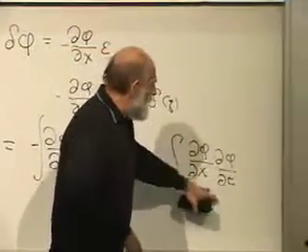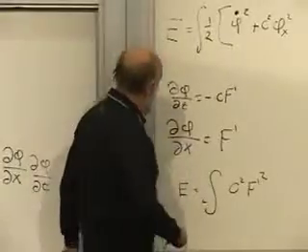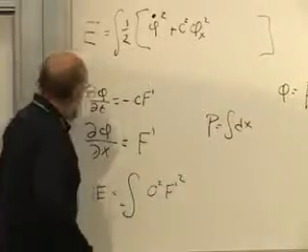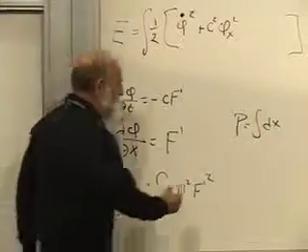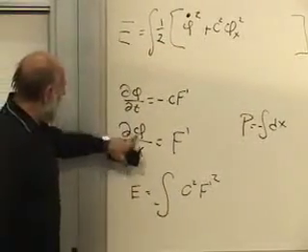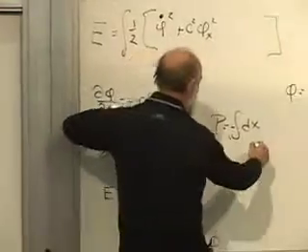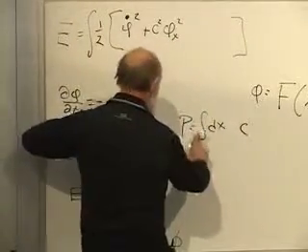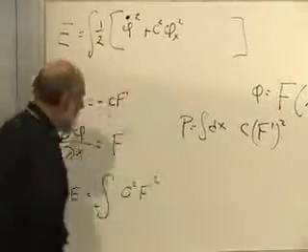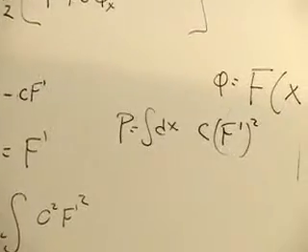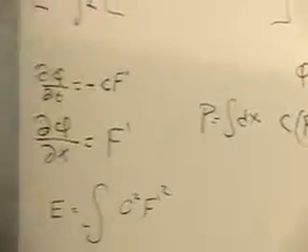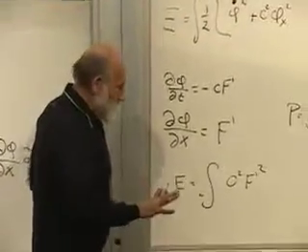We have d phi by dx times d phi by dt, and the linear momentum is the integral dx of minus d phi by dt times d phi by dx. That gives me a factor of c, another minus sign, and f prime squared. Fortunately, I seem to have gotten the sign right, and the linear momentum of the right moving wave is positive.